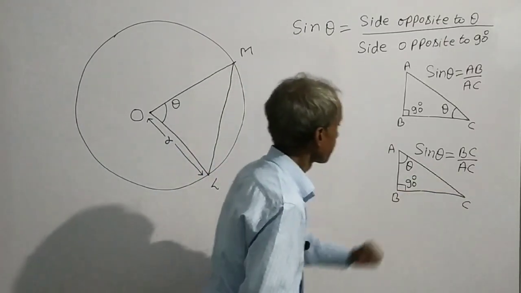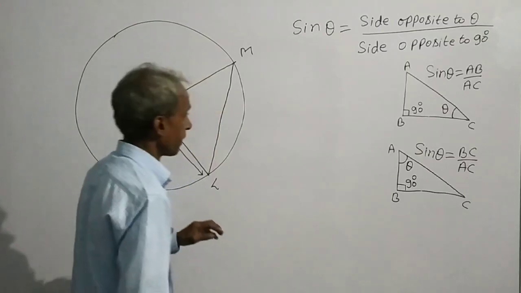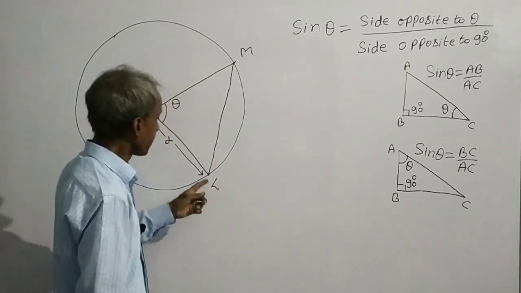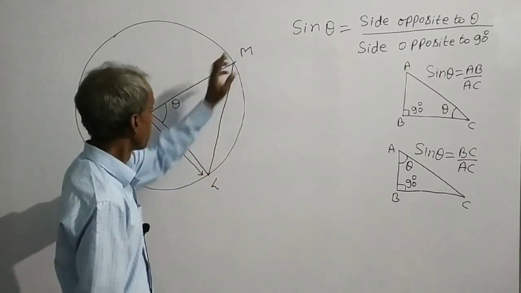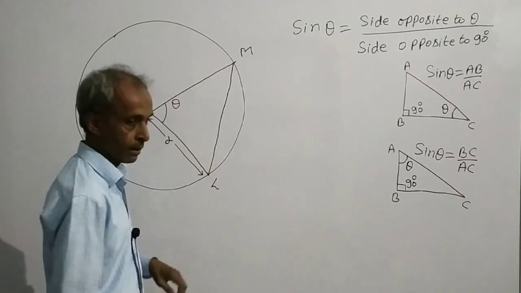By using this, we can write Lm in terms of theta and r.